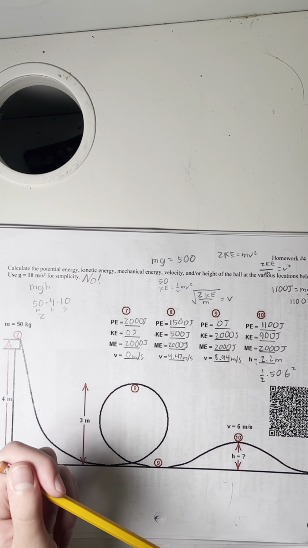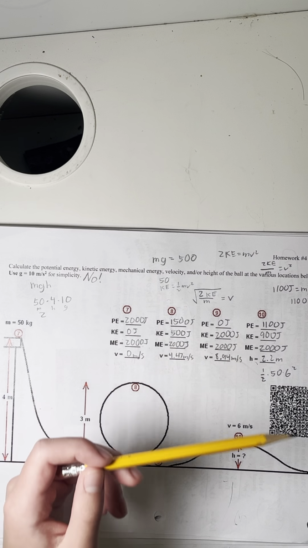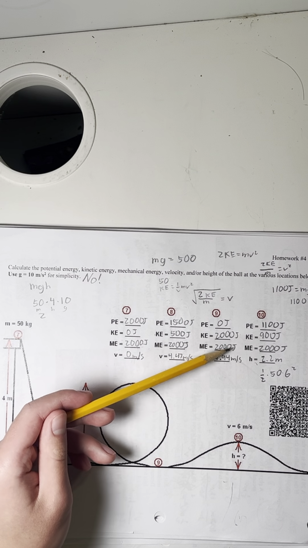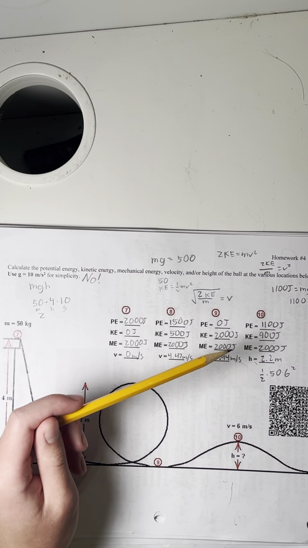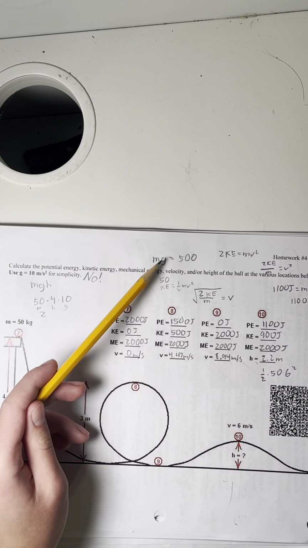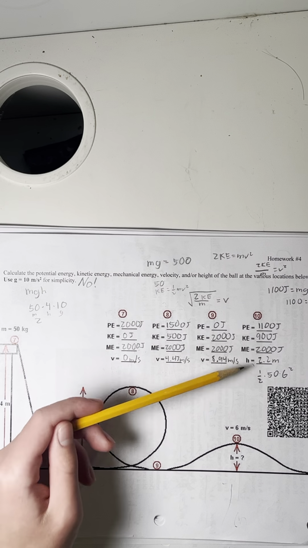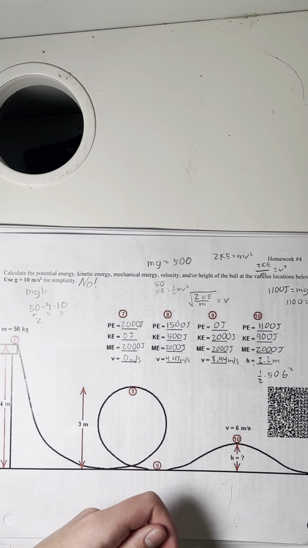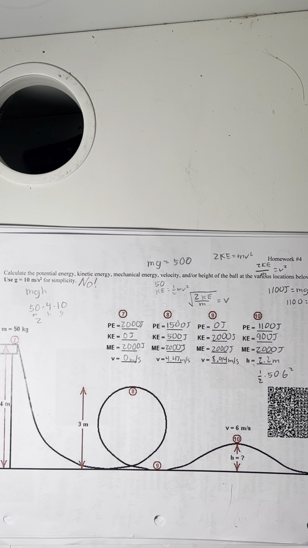Punch all of that into your calculator, and you should get 900 joules for your kinetic energy. And from that, 2000 joules minus 900 joules equals 1100 joules. And 1100 joules divided by 500 equals 2.2 meters. And that's it for problem number 4.